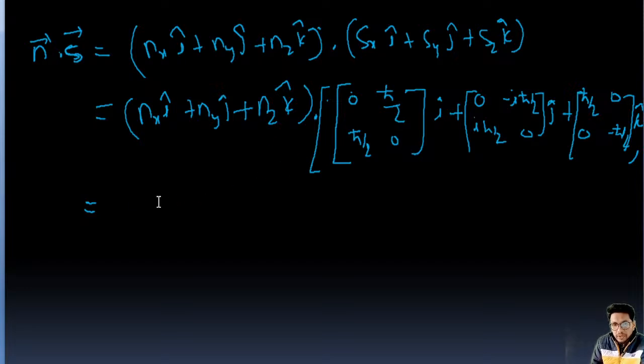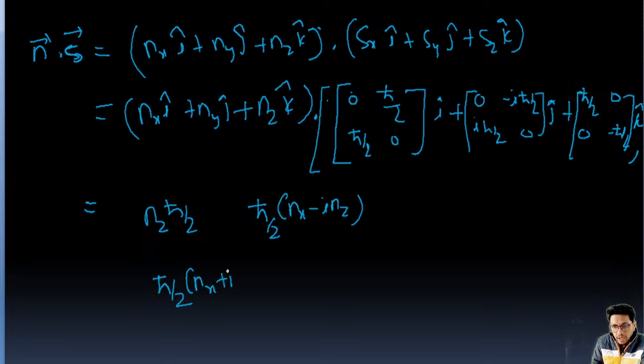So this is going to be nz h cut by 2, and h cut by 2 we will take as common, so it is going to be nx minus iota ny, and similarly this is going to be h cut by 2, nx plus iota ny, and this is going to be minus nz h cut by 2.